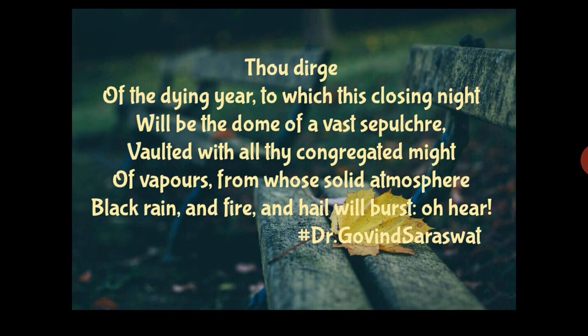Then he says, thou dirge of the dying year, to which this closing night will be the dome of a vast sepulchre, vaulted with all thy congregated might of vapours, from whose solid atmosphere black rain and fire and hail will burst: O hear.